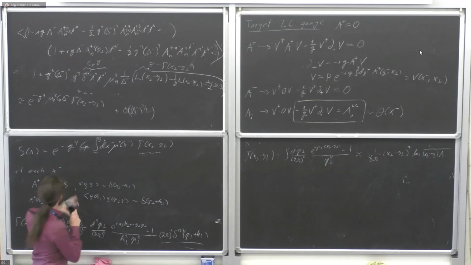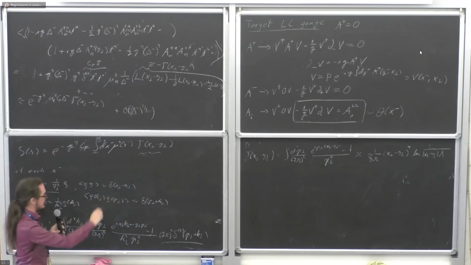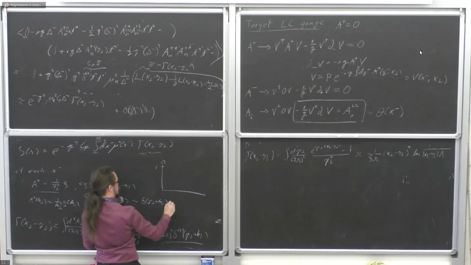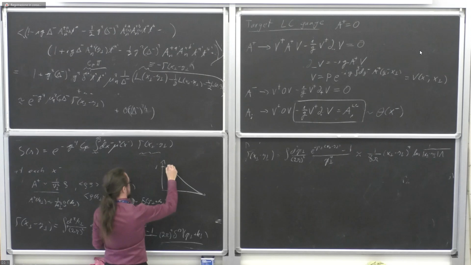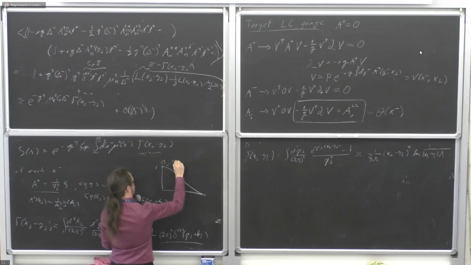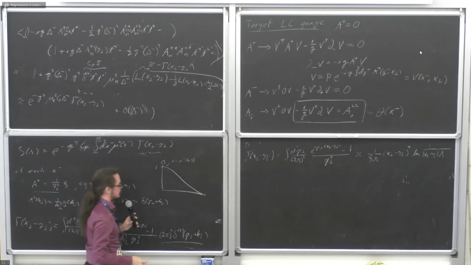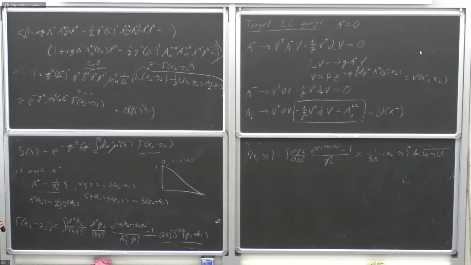Then I know what this S looks like. I can plot it. Now I have an explicit expression, and it looks like what we know it should look like. It's going to be some curve like this, where close to 1 it goes like 1 minus r squared log r, and here it then has some other behavior.